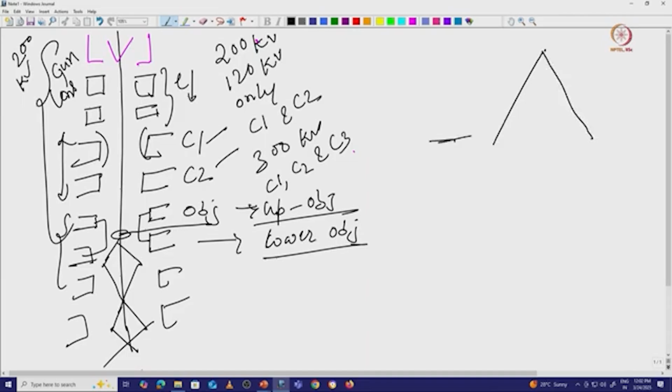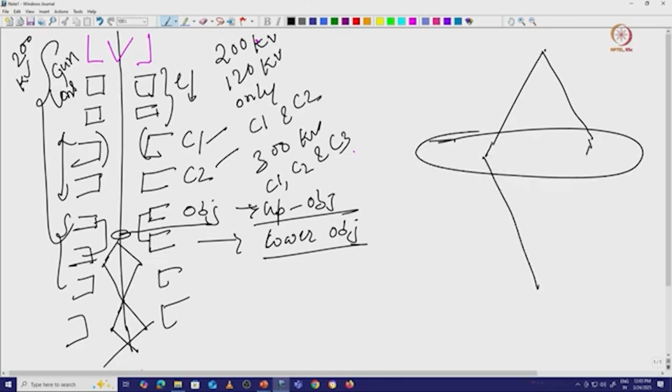We have a lens system like that. When the electron rays are coming, they will converge at one particular point. If we consider there is no object here, no sample, so I remove that one, electron beams are coming and converging at one particular point, and it is D0.